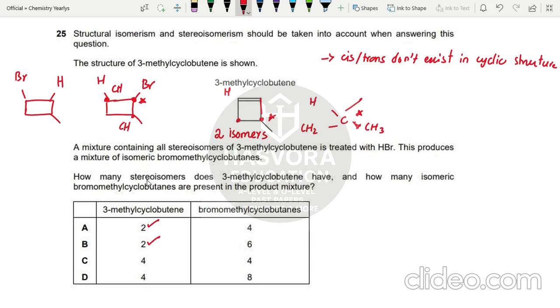So it is bonded to four different groups, and it will form an optical isomer. So we will have two optical isomers because of this.